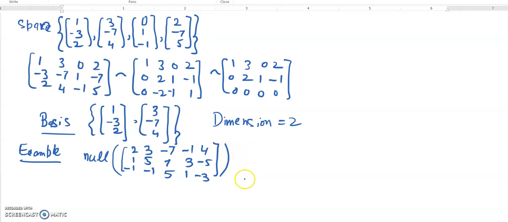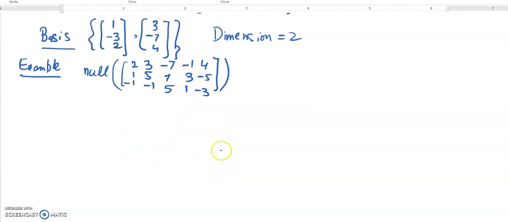The solution of that system will be the null space of that matrix, so we need to find this solution, and that solution will form the basis.